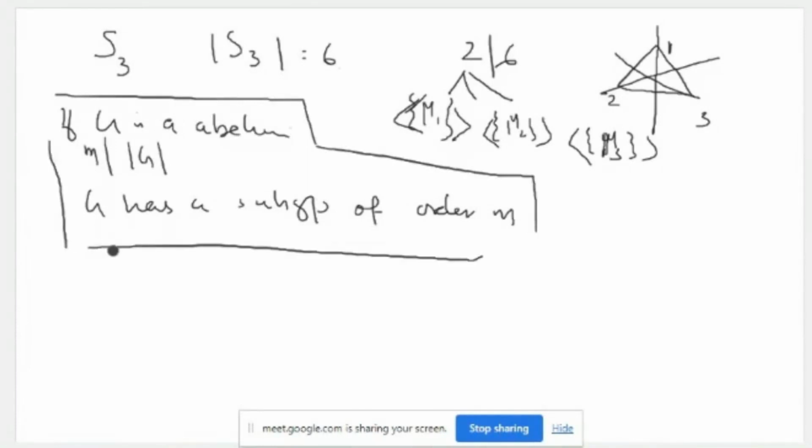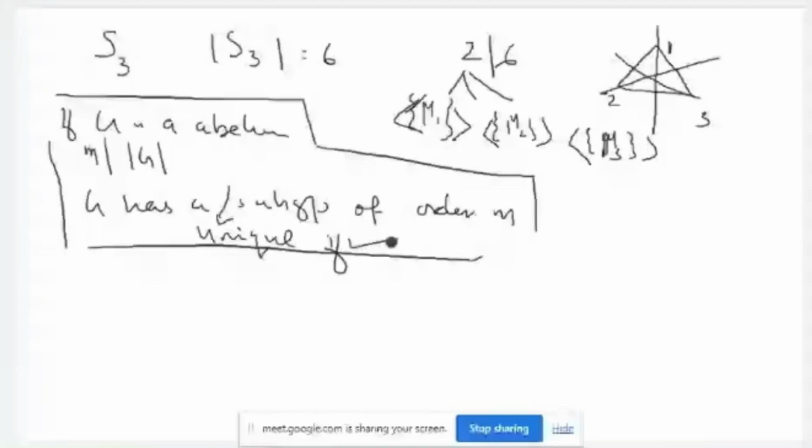Okay, corresponding to every divisor of the order of G, there is a subgroup. Okay, and this subgroup is unique in the case of Zn, if G is Zn. Okay, but for other groups that may not be true. That is one of the facts.